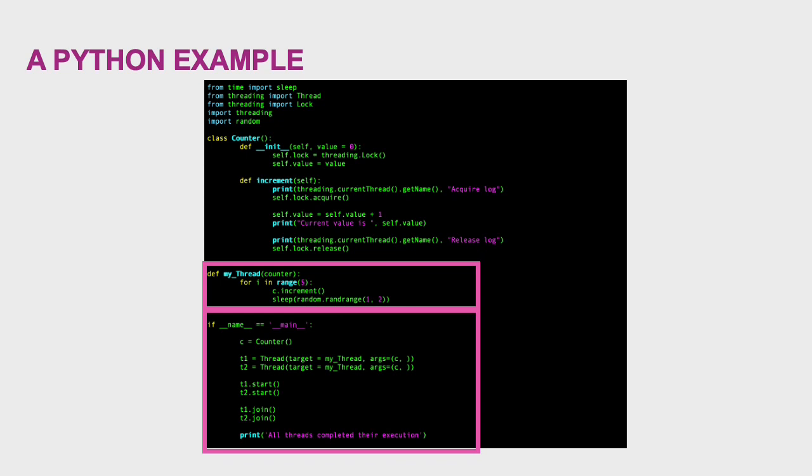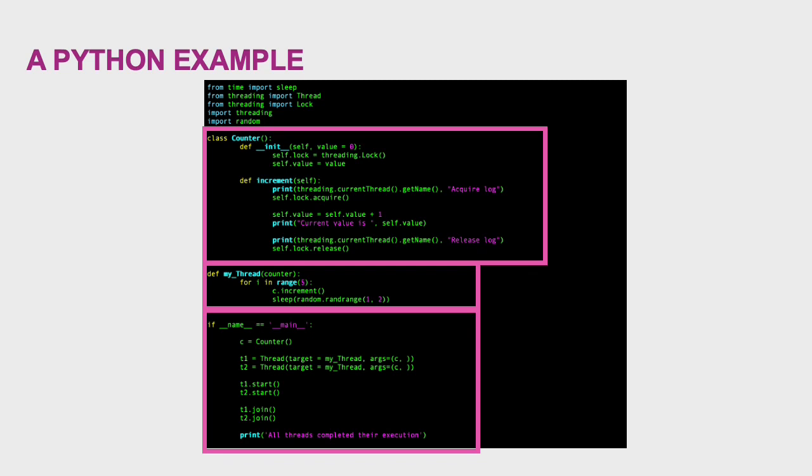Basically, every thread runs a for loop with 5 iterations, and for each iteration it increments the counter and sleeps for some time between 1 and 2 seconds. And then here we have the counter class, the class that implements the shared resource among the threads.